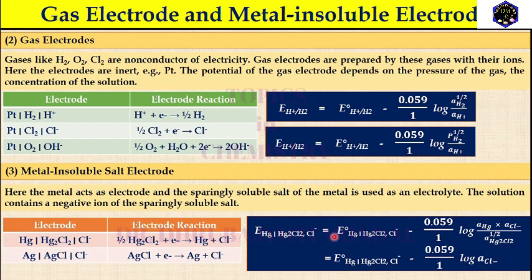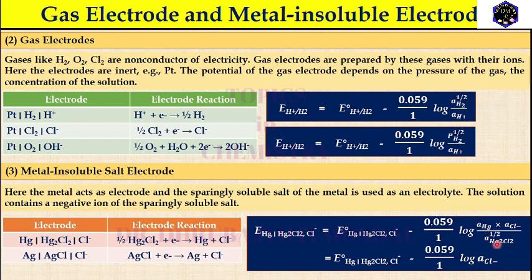What is the Nernst equation for metal insoluble salt electrode? We are considering this electrode. So I can write E of Hg, Hg2Cl2, Cl minus is equal to E0 of Hg, Hg2Cl2, Cl minus minus 0.059 by 1, where 1 is the number of electrons changed, log of activity of Hg into activity of Cl minus, over activity of Hg2Cl2 to the power half.